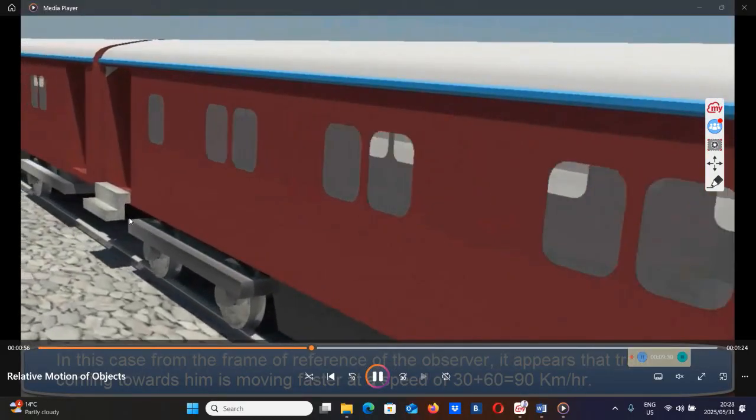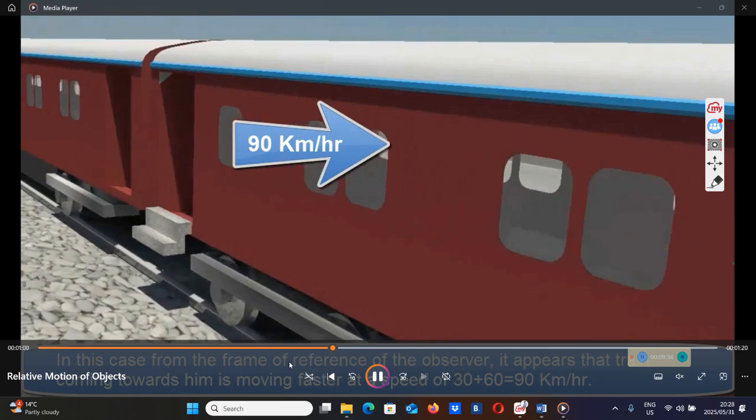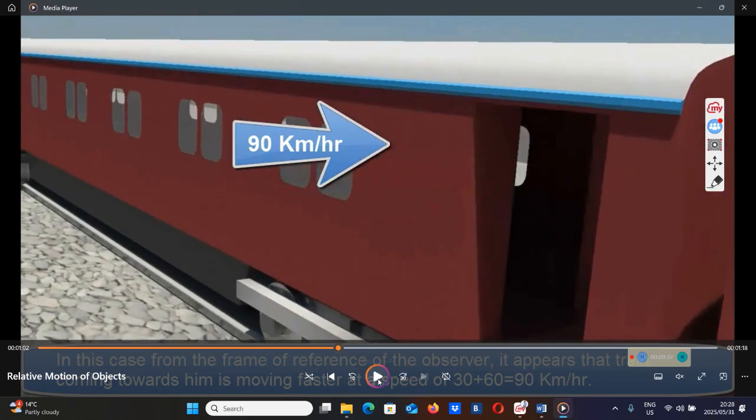Therefore, when this guy looks at or observes that other train, it will show that this train, which is moving with the actual speed of 60, is moving faster than the real speed. To his eyes, the train is moving faster than the actual speed.